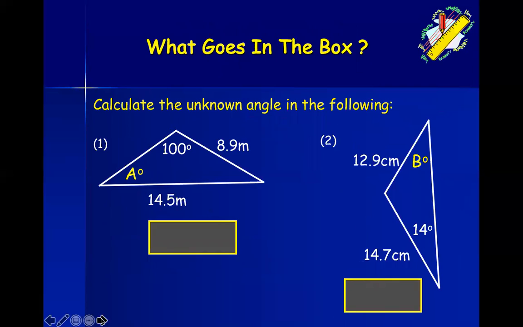So I've got a couple of examples for you to work on. We're going to do the first one. Technically, you would do A here, small a. You can call that B if you want, and small b.